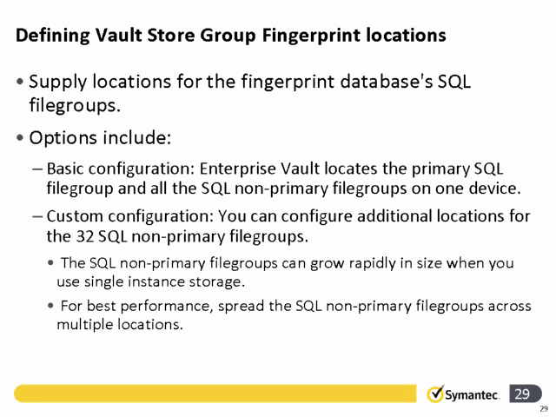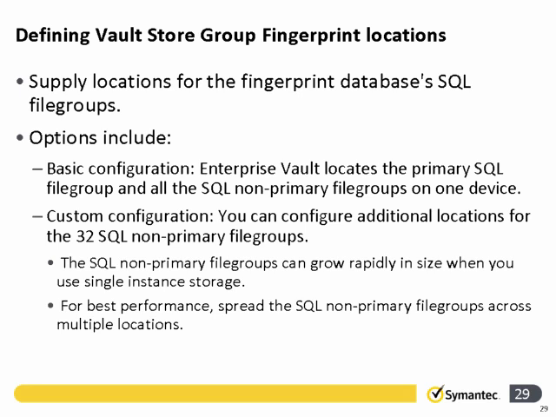Now, an option that's available, because again, we were talking about how big this fingerprint database could get, you have the capability within SQL Server to set up the database files to have both a primary file group and up to 32 secondary file groups or non-primary file groups. And this is a mechanism where if you have multiple SQL servers, you can spread out the workload for this one particular database across multiple SQL servers.